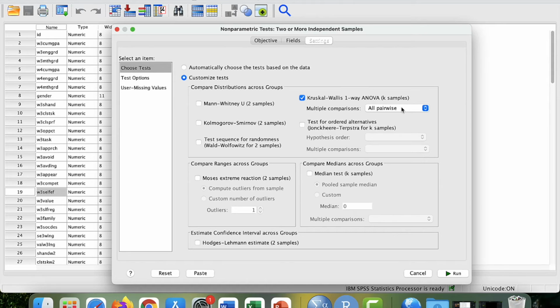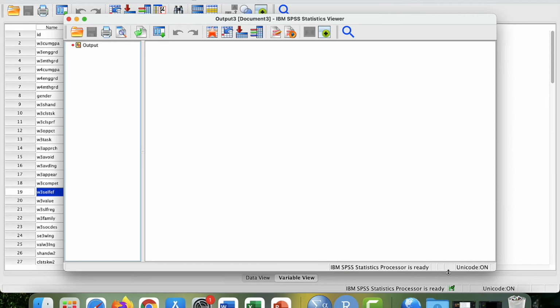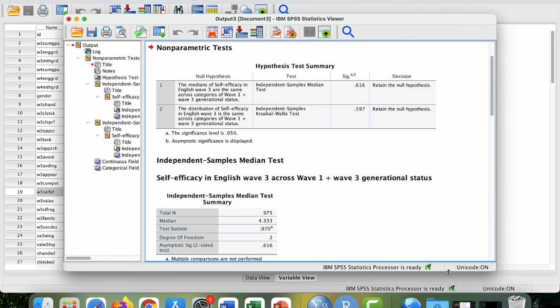That means we will get first generation compared to second generation, first generation compared to third generation, and second generation compared to third generation. There's other statistics we can get. We can compare medians across the groups if we want to. Let's leave it in there so we can see what it looks like. Okay, so let's run it and see what we get.